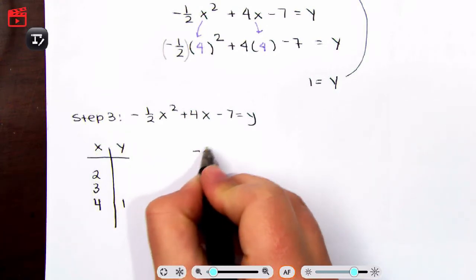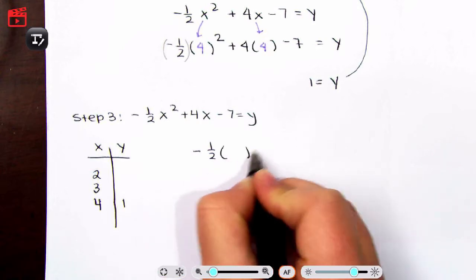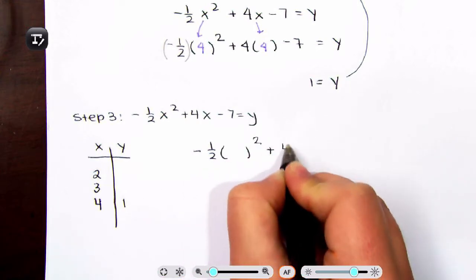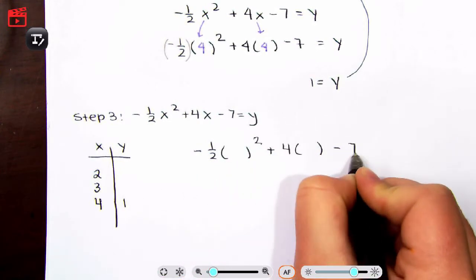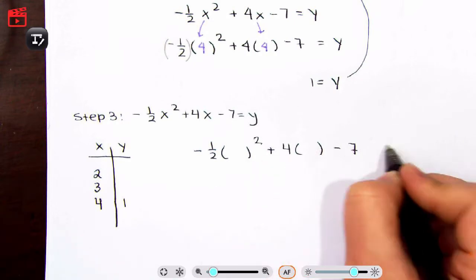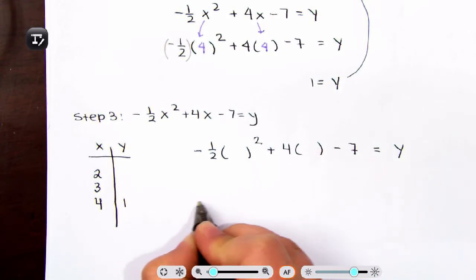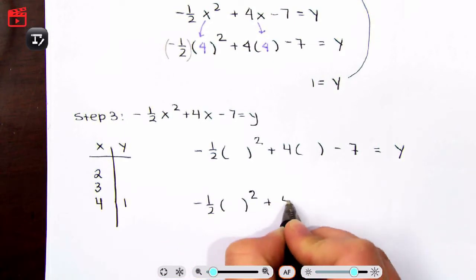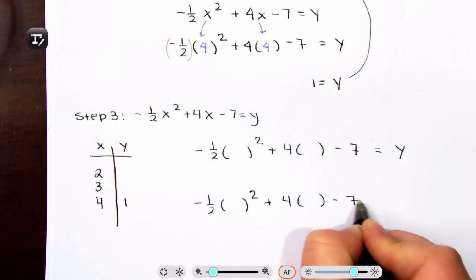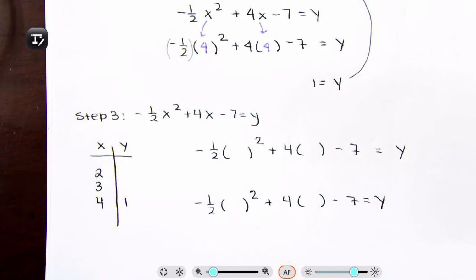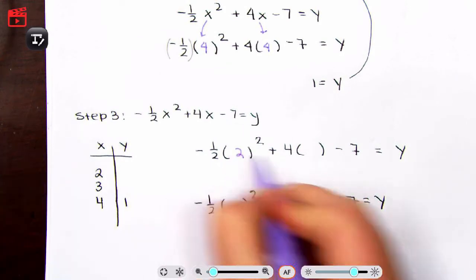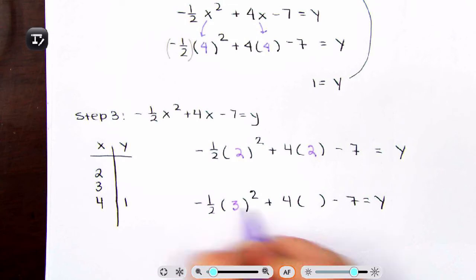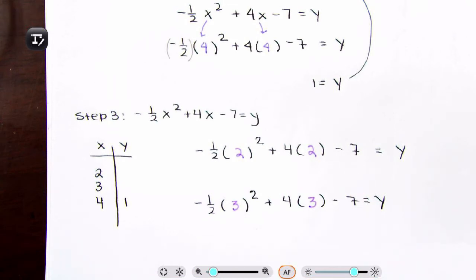So I'm going to have negative 1/2 times something squared plus 4 times something minus 7. Anytime I see an x, I'm putting a bubble, and I want to know what my output is. I'm going to do that twice, one time for that 2 and one time for that 3. So I'm going to input 2, and I'm going to input 3, and plug and chug in my calculator.